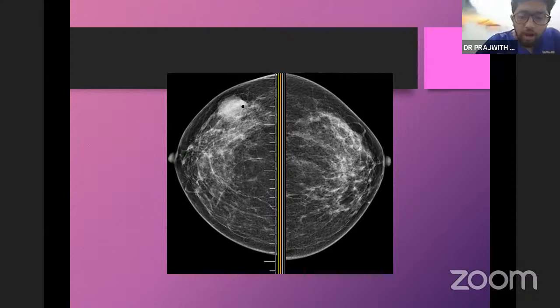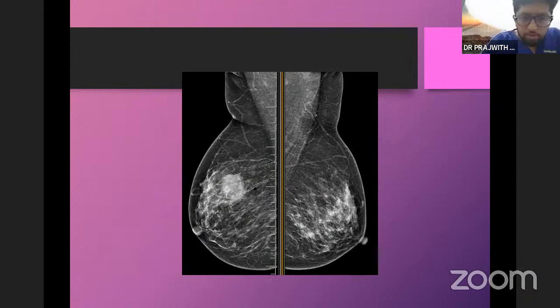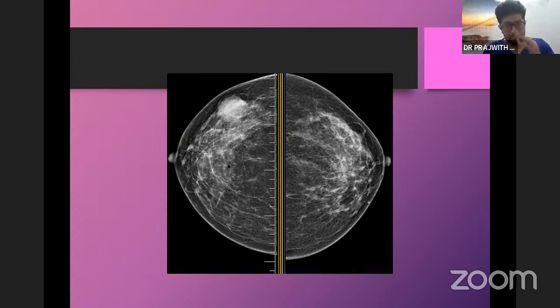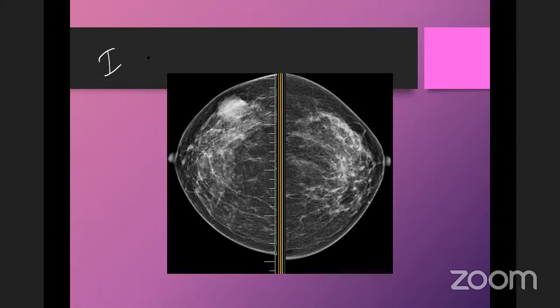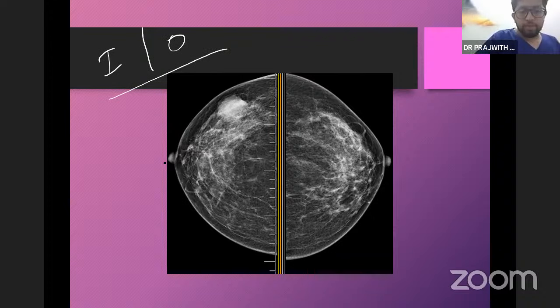You can see it in the mediolateral oblique view also. Now tell me, where is this lesion located? Is it the inner aspect or outer aspect? Whenever we see an image like this, the upper side is always outer.